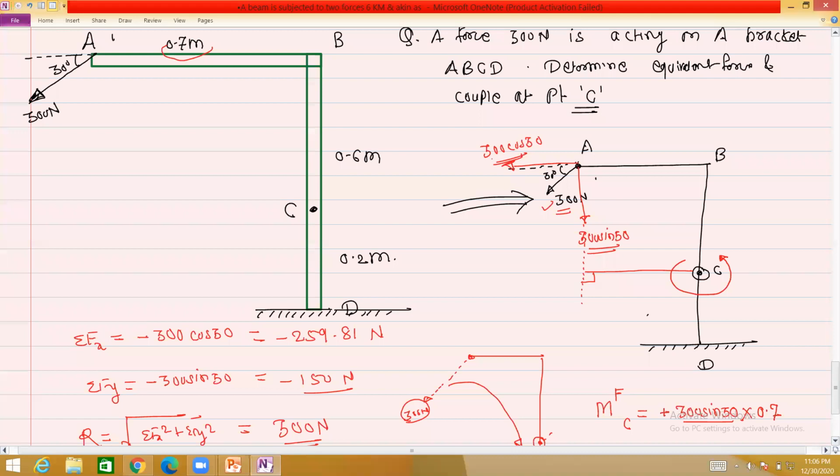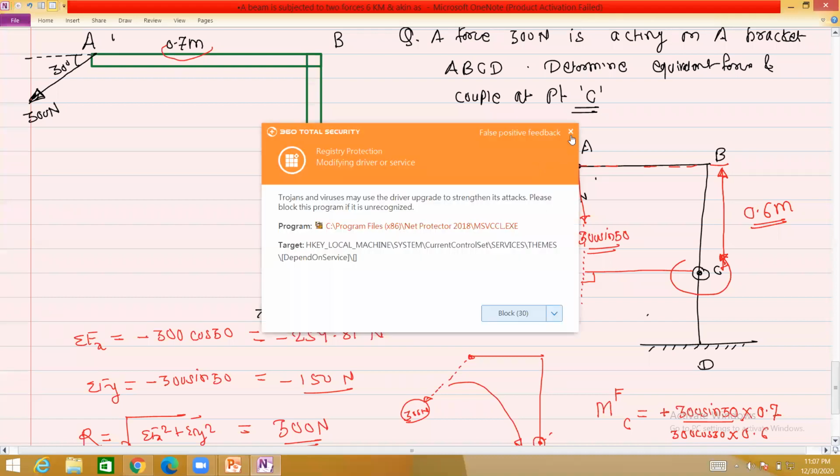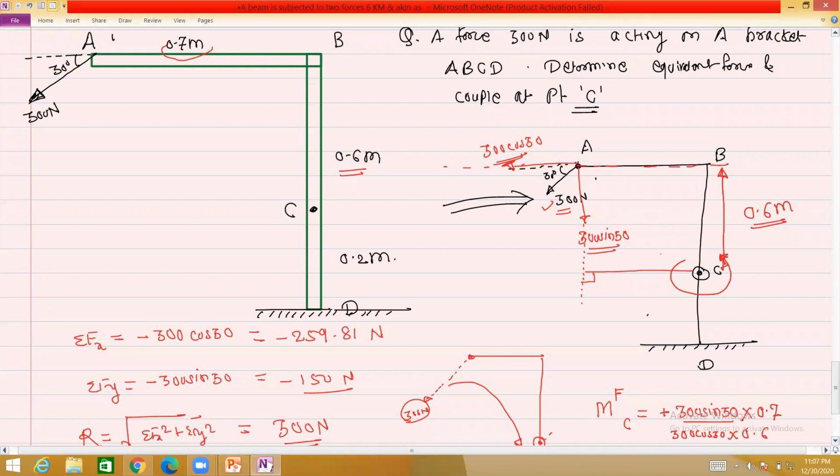Now consider the second force, 300 cos 30, into its perpendicular distance. So this is the line of action. This distance from point C is nothing but the perpendicular distance. So this is the vertical distance and it is given as 0.6 meter. So 300 cos 30 into 0.6 meter. And again, as the force is acting along this direction, this total moment about point C will be in the anti-clockwise direction.